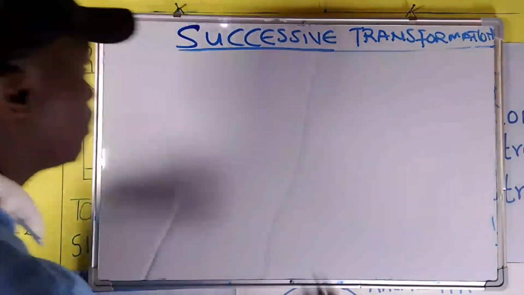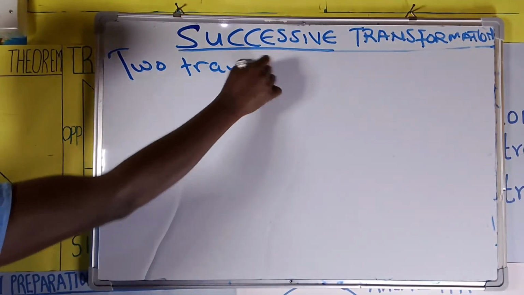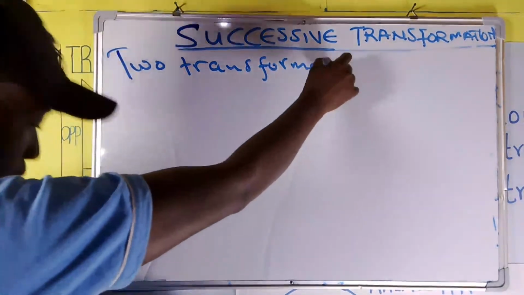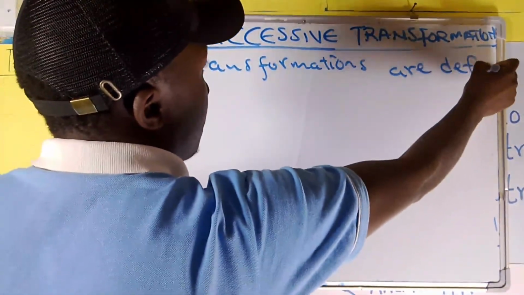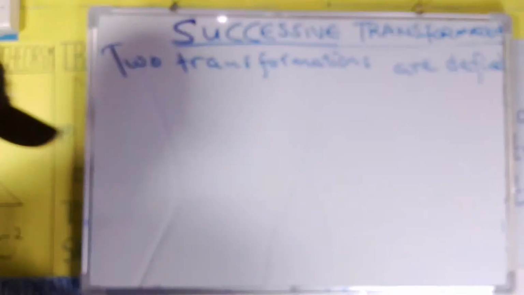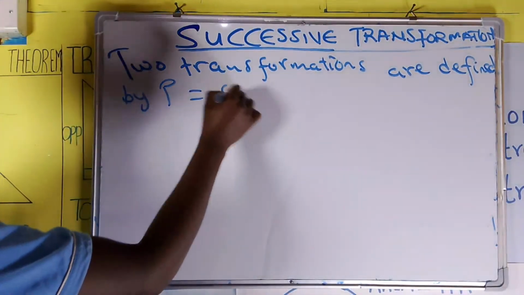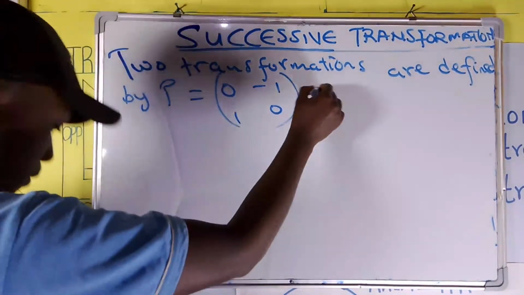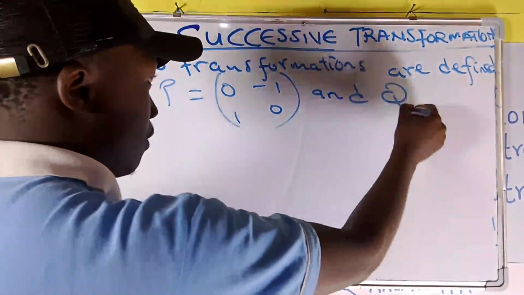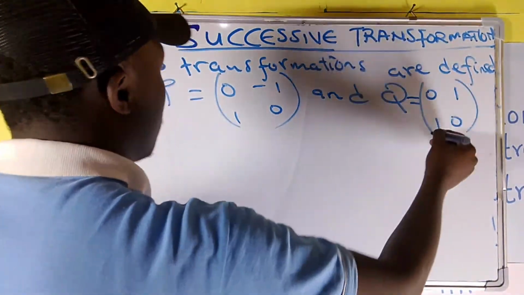The first example: two transformations are defined by P equals 0, -1, 1, 0, and Q by 0, 1, 1, 0.